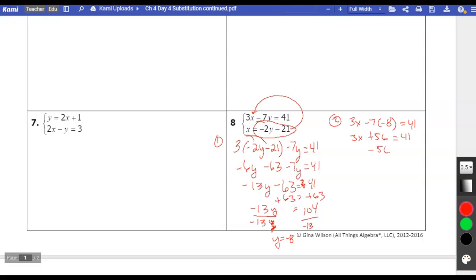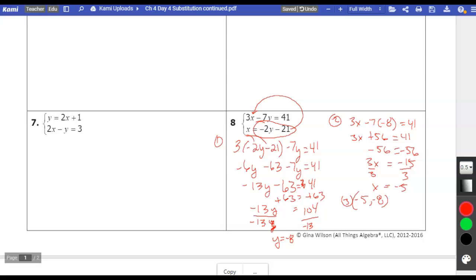So I subtract my 56. 3x equals negative 15. Divide by 3. X equals negative 5. So I'll check my signs here real quick. Make sure everything seems good. Third, write my ordered pair: negative 5, comma, negative 8.